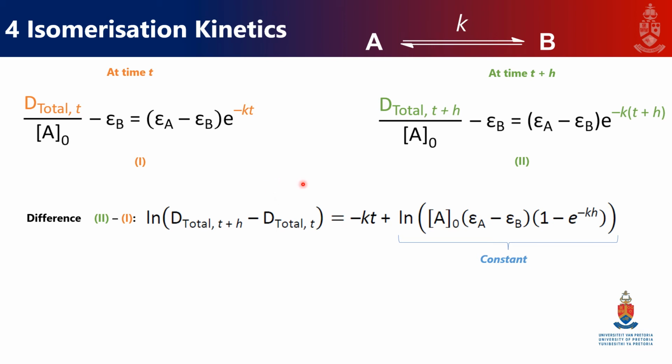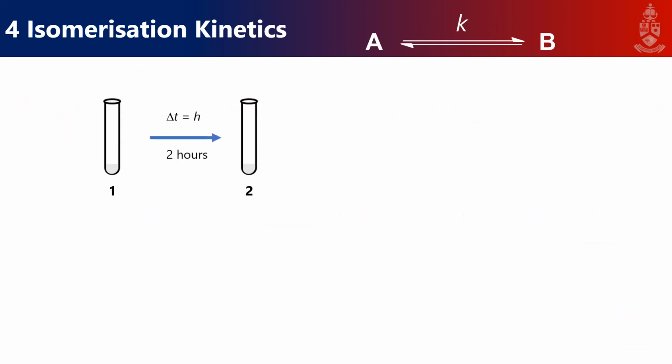So how does that translate into the chemistry? That's what I'm going to discuss next, like the physical raw data. In a chemical sense, how do we get t and t plus h and measure the absorbance and get the difference? It means we have two test tubes.